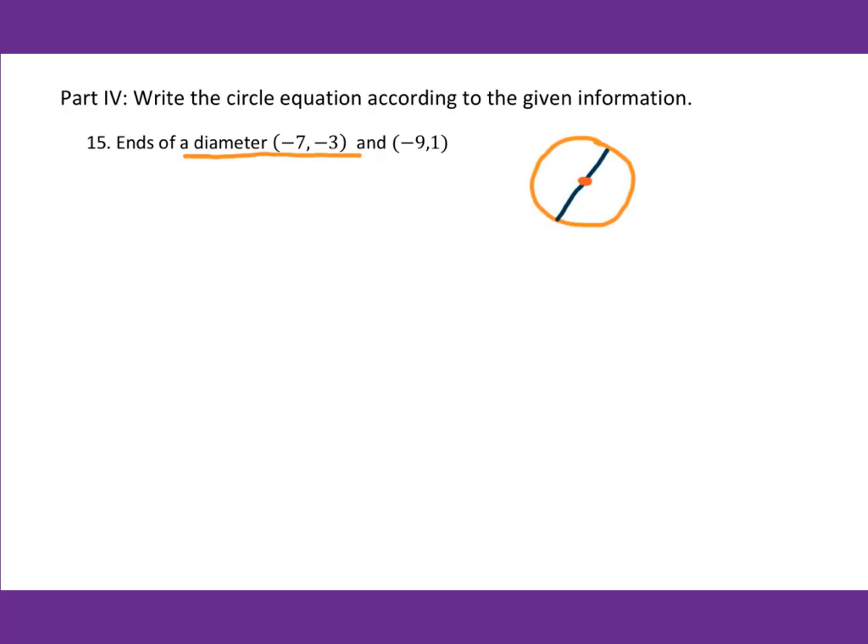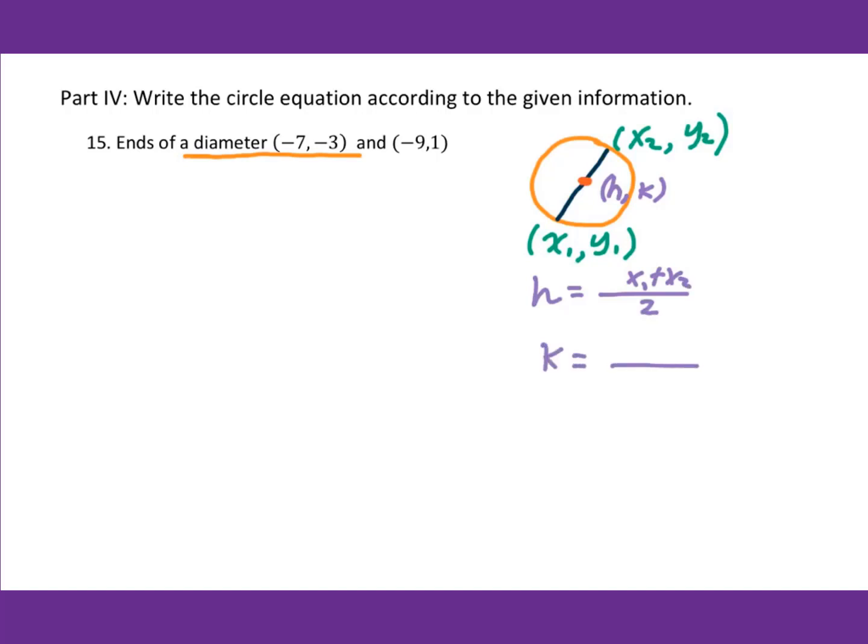We know for a circle, the line passing through the center we call the diameter. For a given diameter, suppose we have the coordinates x1, y1, x2, y2. Then for your center h, k, we know h equals x1 plus x2 over 2, and k equals y1 plus y2 over 2.